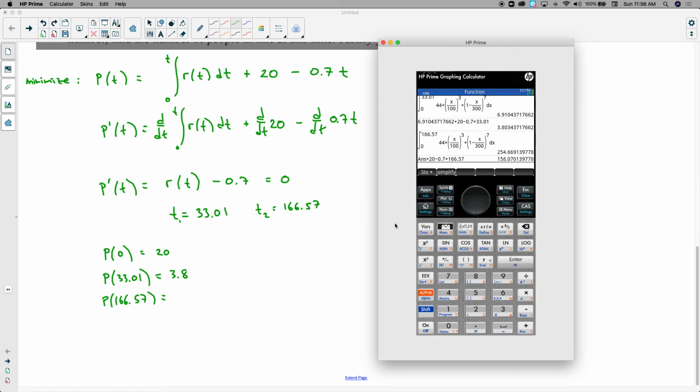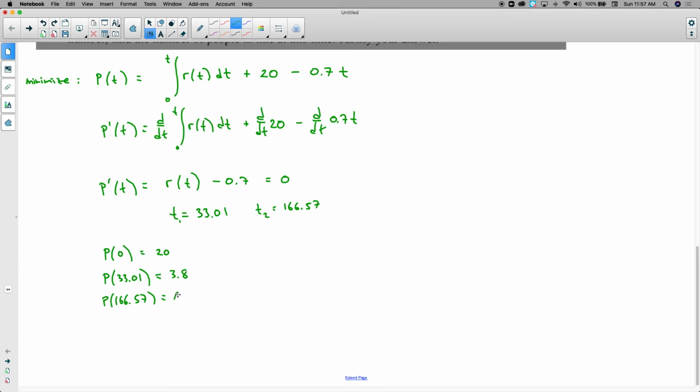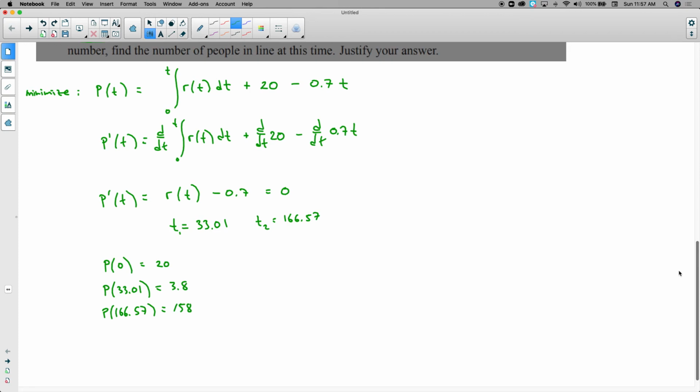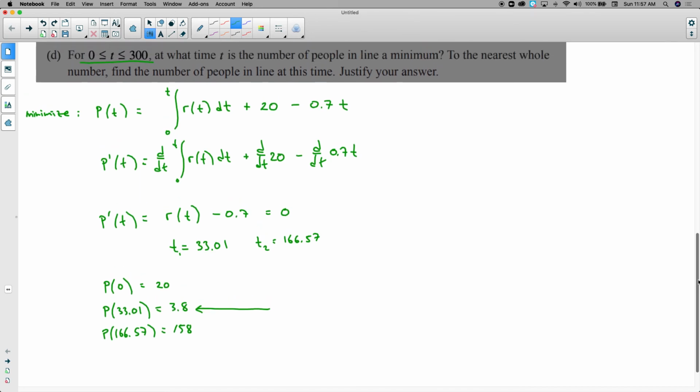Okay, and then that number is 158. So all of this work is probably good to have because they did say to justify our answer, so we're justifying this. Okay, so then let's see, what's the question?